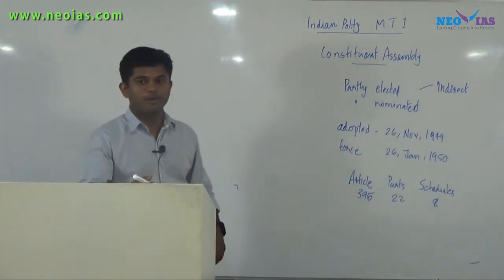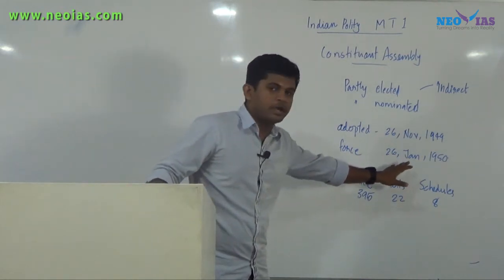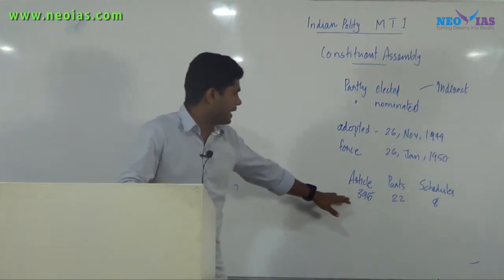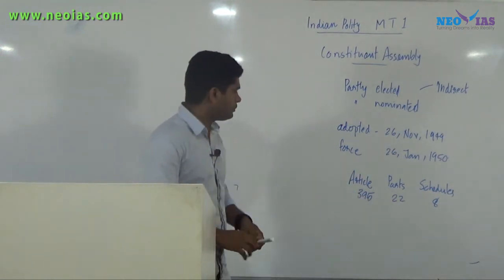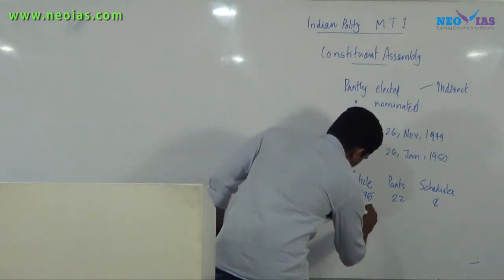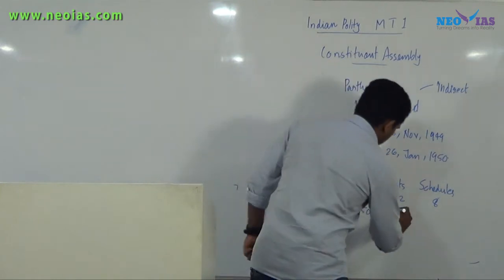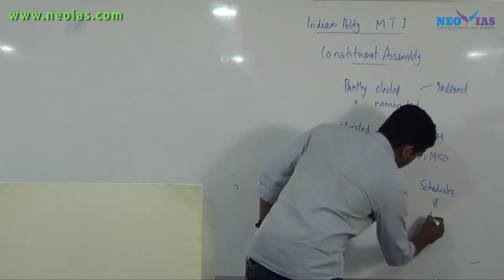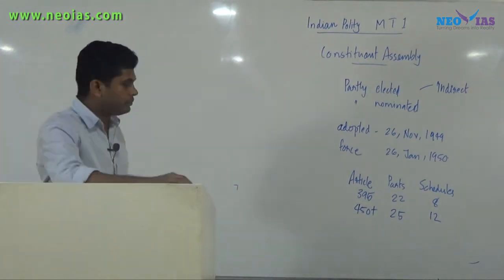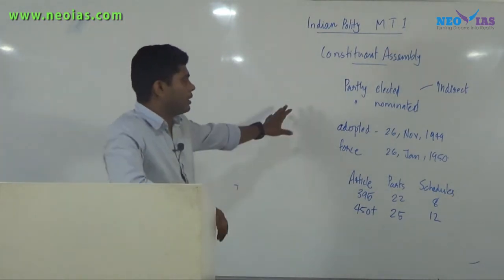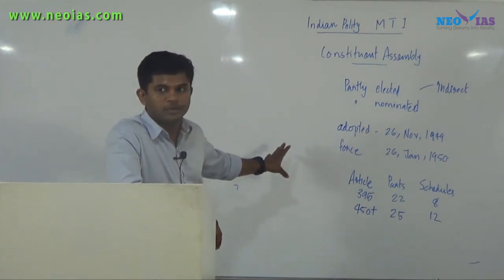That means when the Constitution came into force on 26 January 1950, it had 395 articles, 22 parts and 8 schedules, and as of now there are more than 450 articles in the Indian Constitution, 25 parts and 12 schedules. That is a brief analysis about the Constituent Assembly and the present situation of the Indian Constitution.